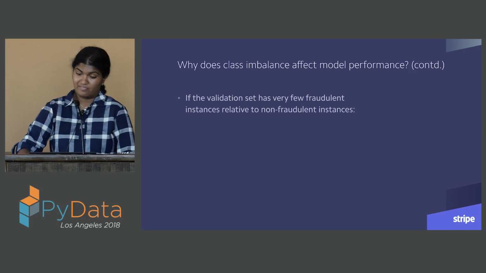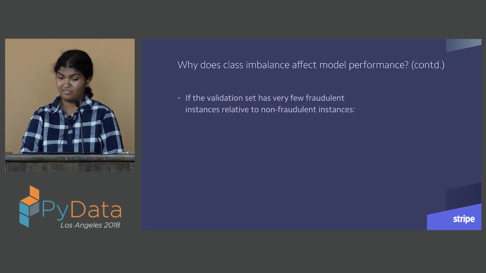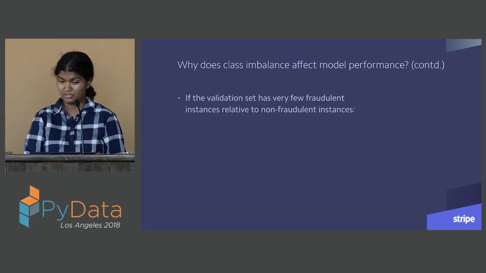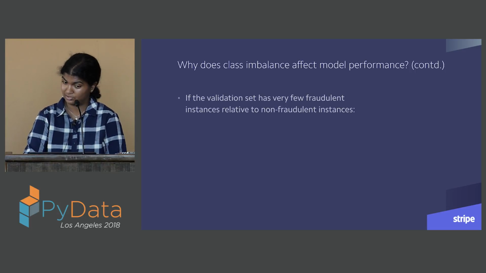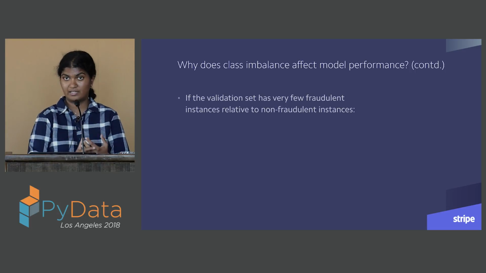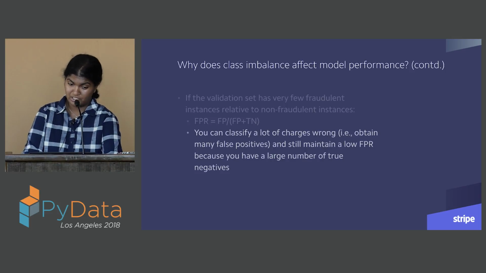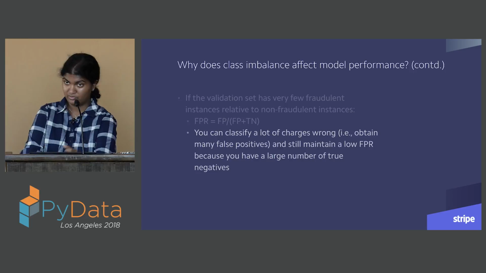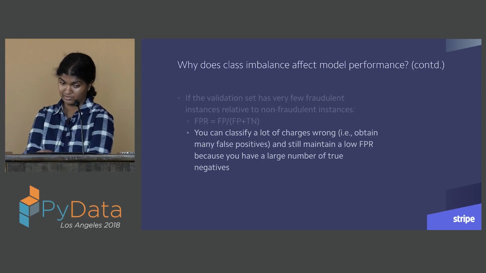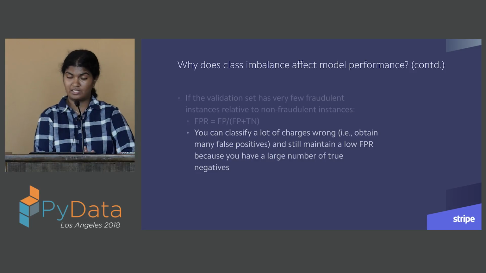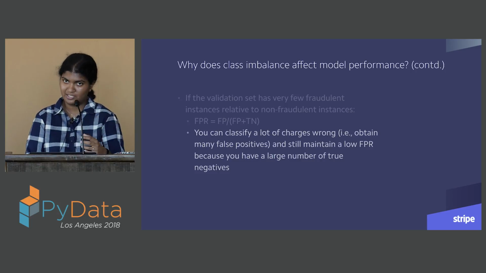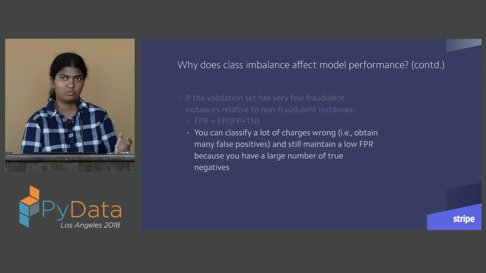And so let's say our validation set has very few fraudulent charges relative to non-fraudulent charges. So the validation set is extremely imbalanced. Given the definition of FPR, which is false positives over false positives plus true negatives, false positives are legitimate transactions that the model has incorrectly said were fraud.